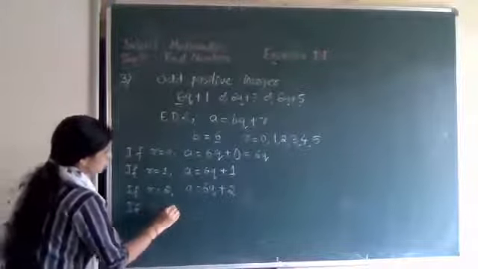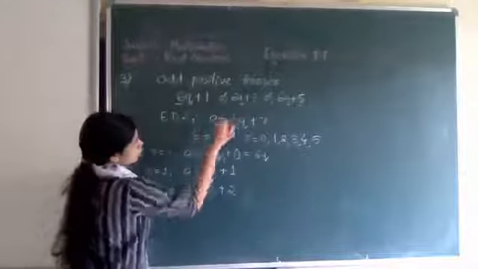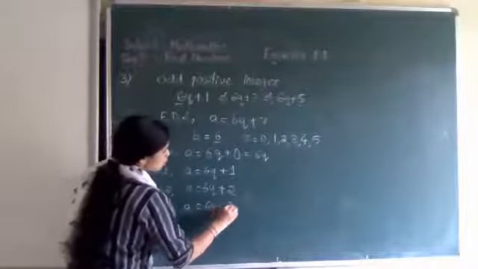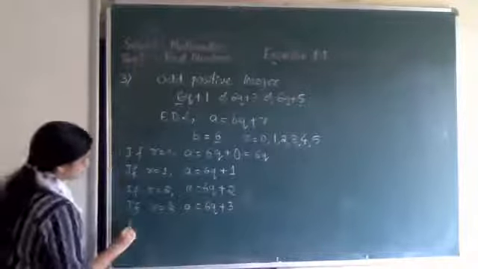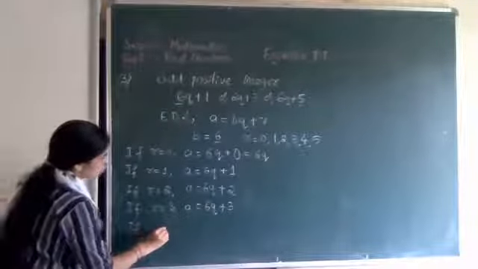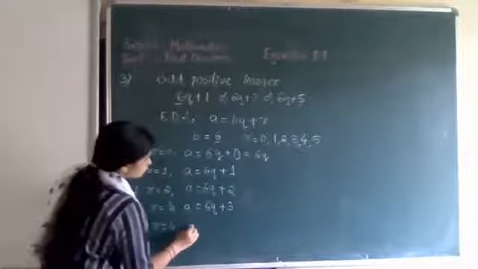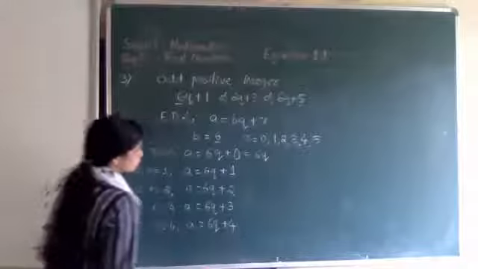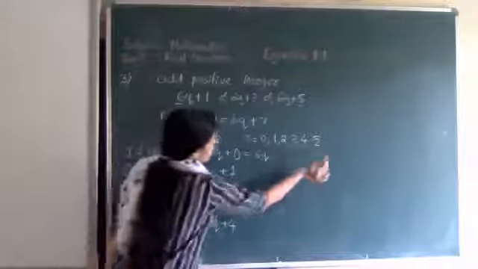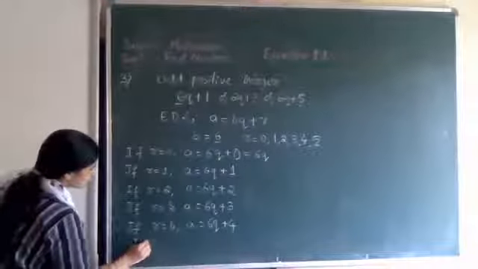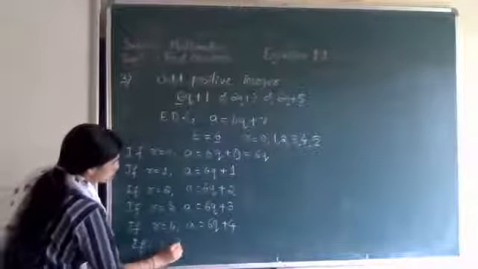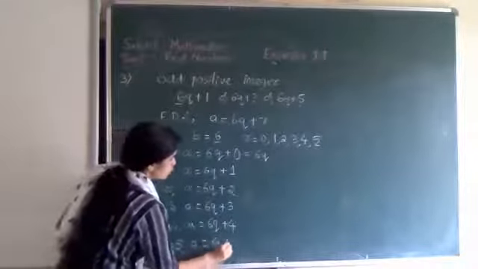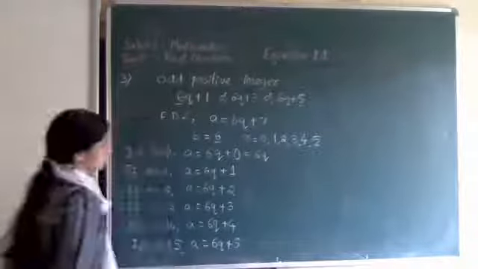R is equal to 3: already you know, A is equal to 6q plus 3. If R is equal to 4, A is equal to 6q plus 4. Then if R is equal to 5, A is equal to 6q plus 5.